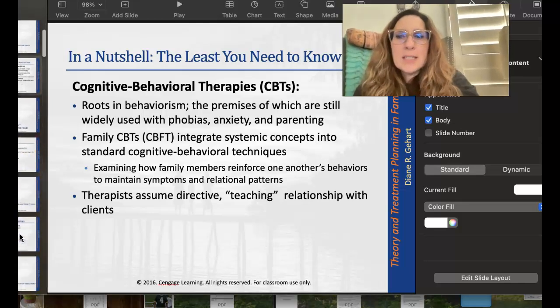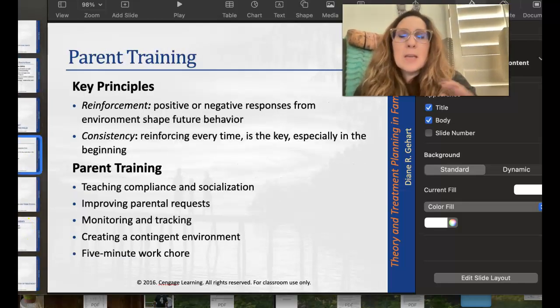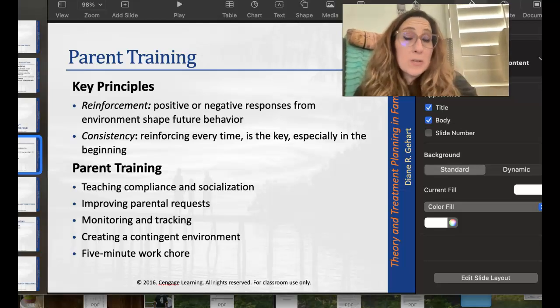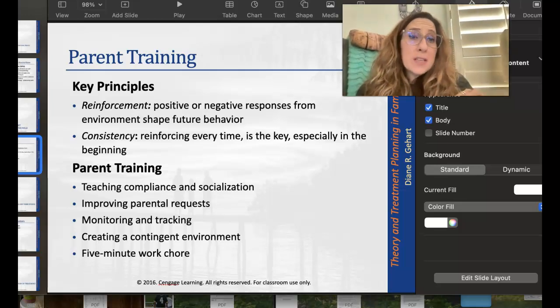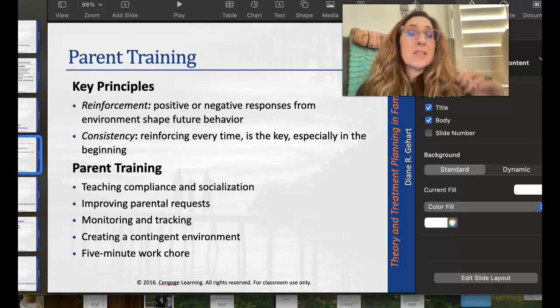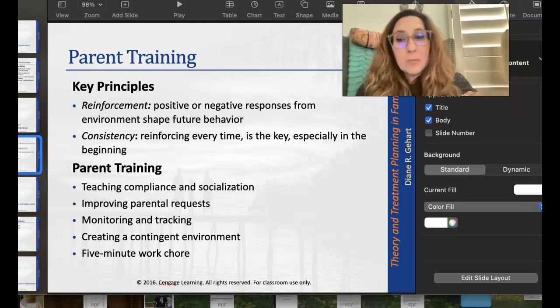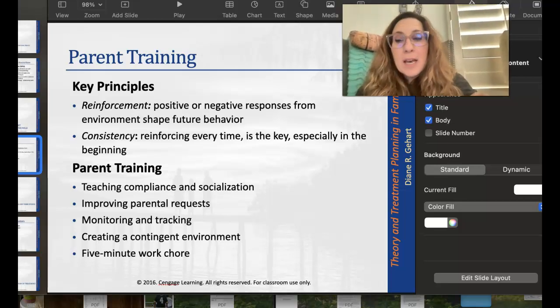That's the technique that the therapist takes. Key principles are reinforcement and consistency. You can see this a lot with parenting, where being able to be consistent is huge. So there are things like parent training, teaching compliance and socialization, improving parental requests, monitoring and tracking, creating a contingent environment, and the 5-minute work chore.